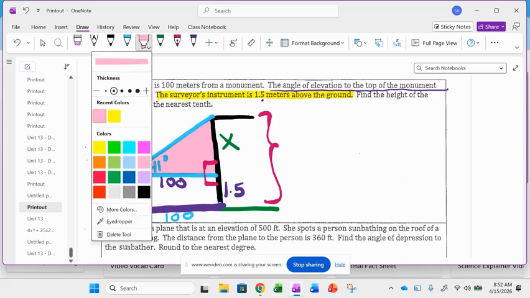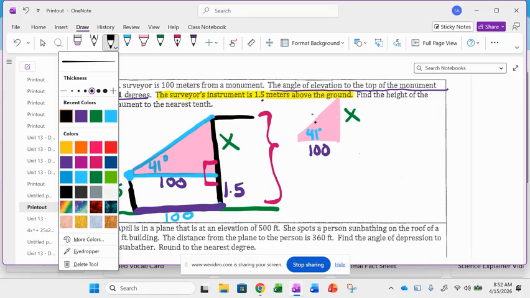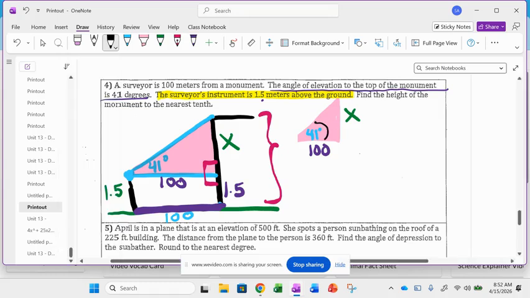Okay, so I'm going to use the pink triangle. And I'm going to do everything in reference to the 41. And x is opposite 41, and 100 is adjacent to 41.